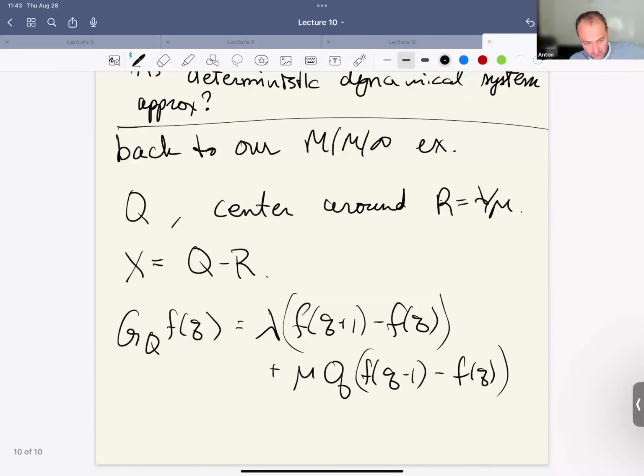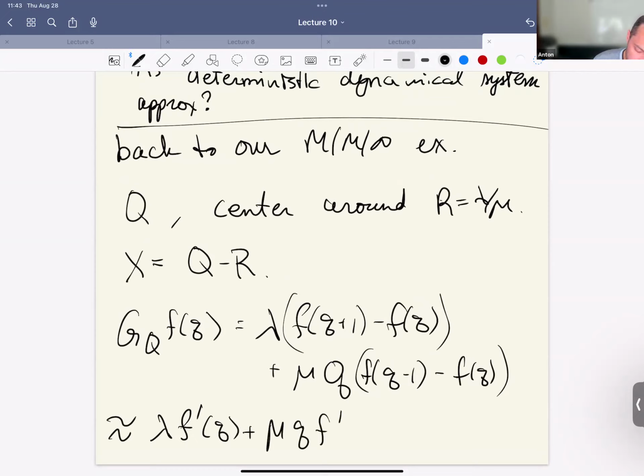Now, in the same spirit as we've done before, do Taylor expansion and derive a second order operator? Let's ask ourselves what happens if we do Taylor expansion and use only a first order operator as an approximation. So this will approximately be lambda f prime of q minus mu q f prime of q.